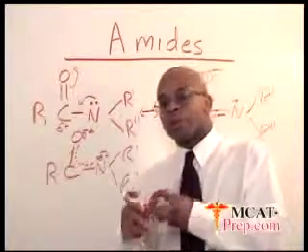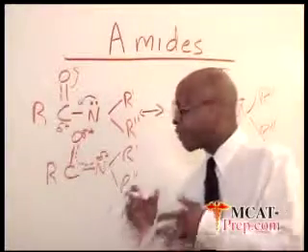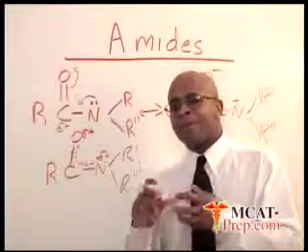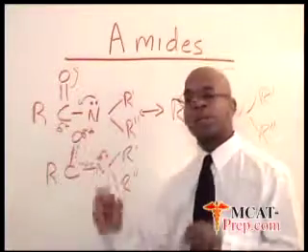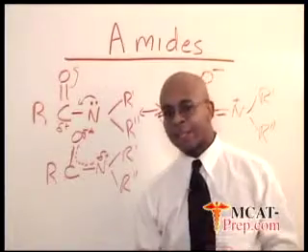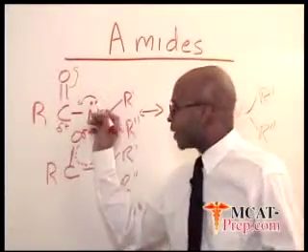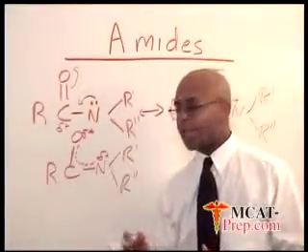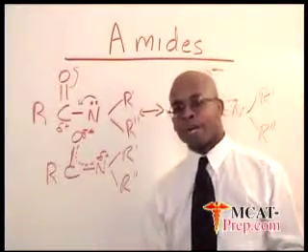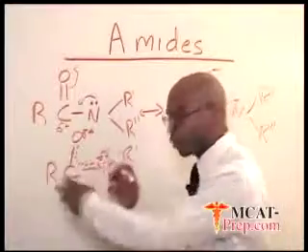There is restricted rotation. It means it's possible that there could be rotation, but it is very difficult to rotate about the carbon-nitrogen bond because it's not a simple single bond, because the electrons from the nitrogen are partly delocalized, and so it's not a simple single bond, and therefore there's not free rotation here.